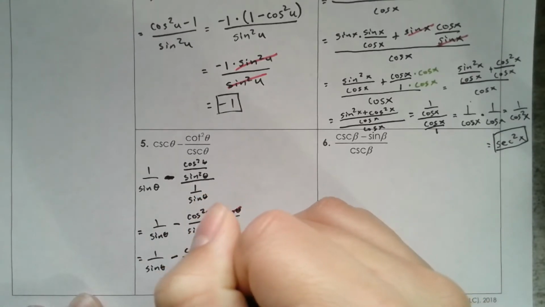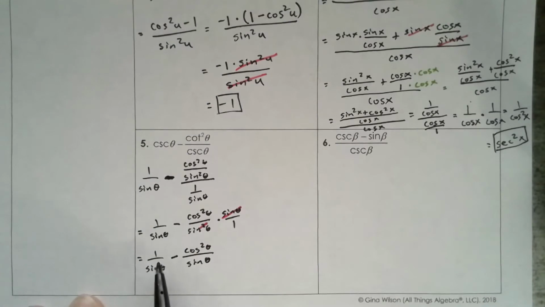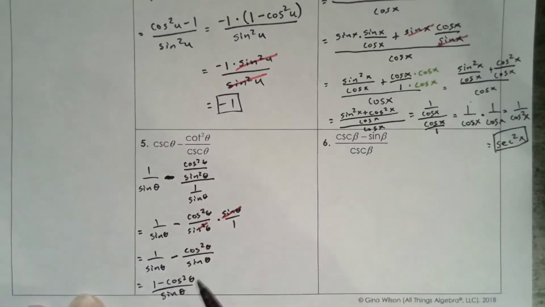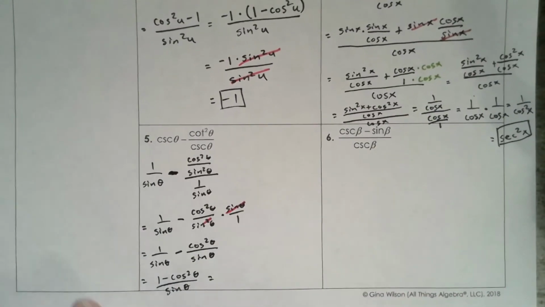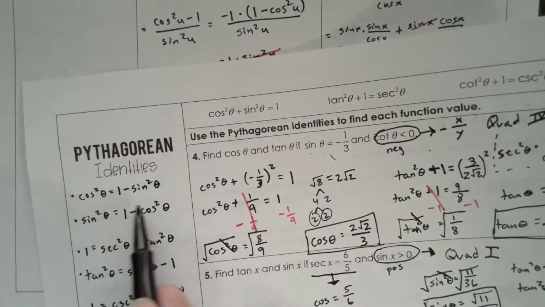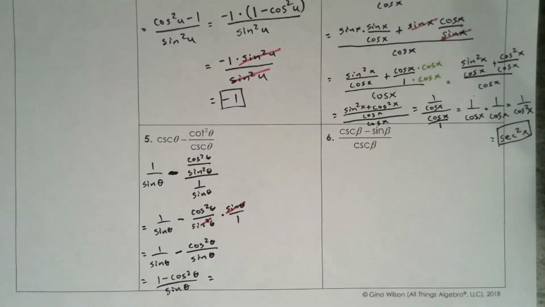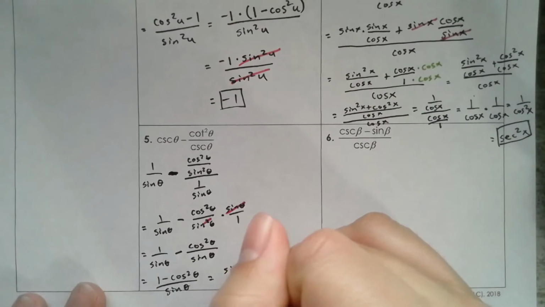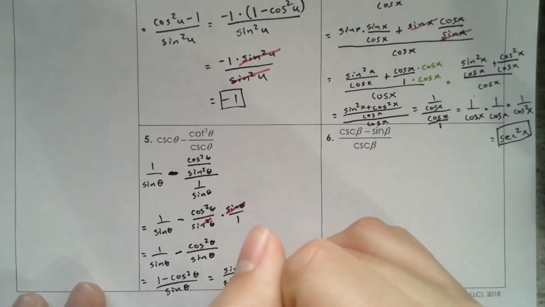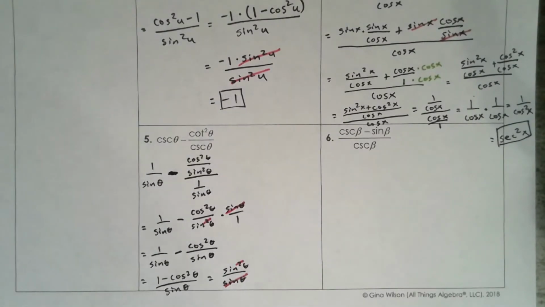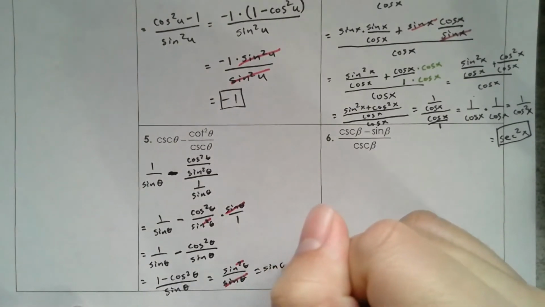Now I have two fractions with a common denominator, so I'm going to combine them. This would be 1 minus cosine squared theta over sine theta. The top here is an identity, 1 minus cosine squared theta, that's sine squared theta. So then sine squared theta over sine theta, those will cancel, and so you're left with just sine theta.